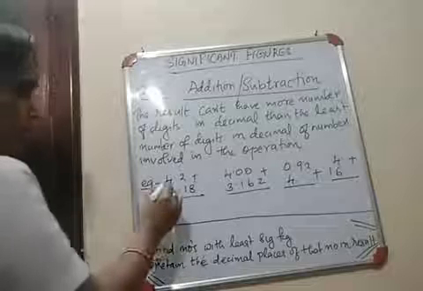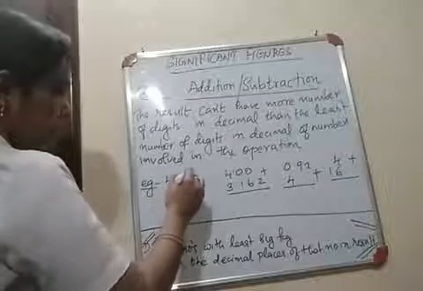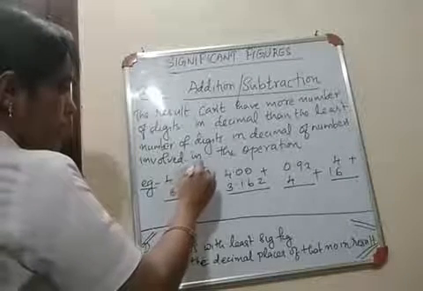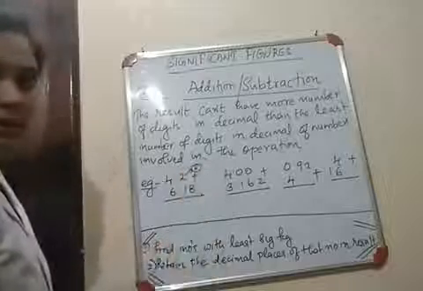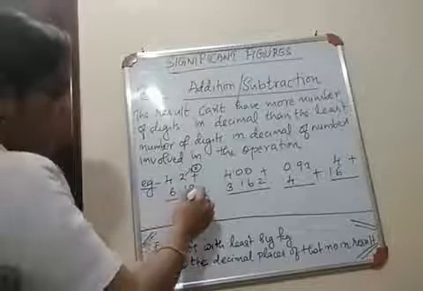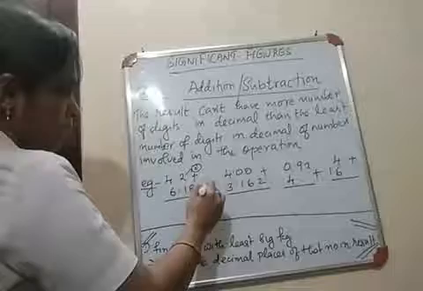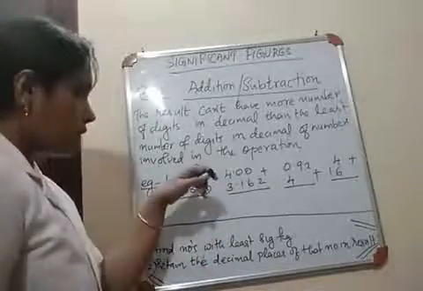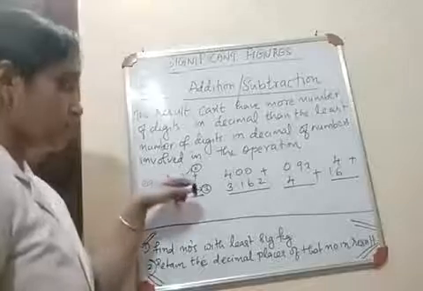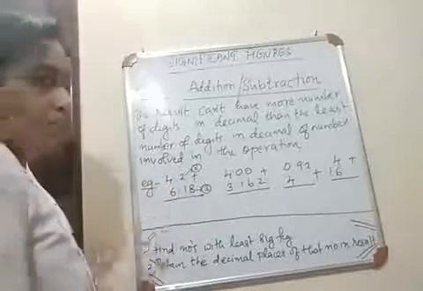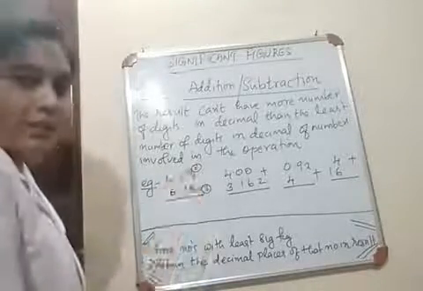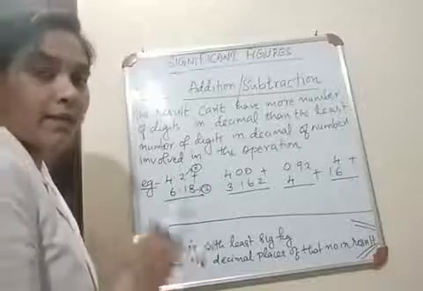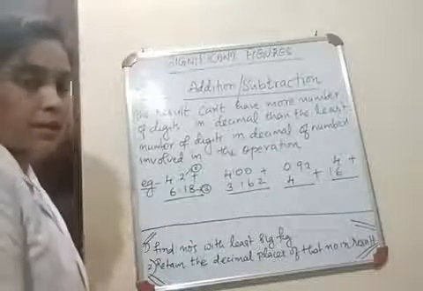So what is the significant figure of this number? Significant figure of this number is 2. Right? And what is the significant figure here? It is 1, 2, 3. Okay. So which is the least one? This one. 4.2 is the least one. 4.2 is the number with least number of significant figures.